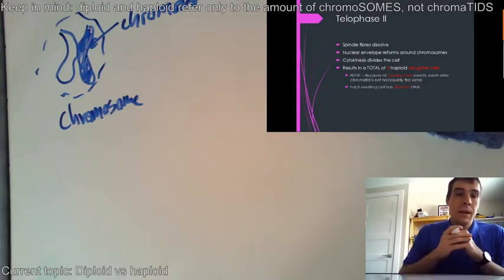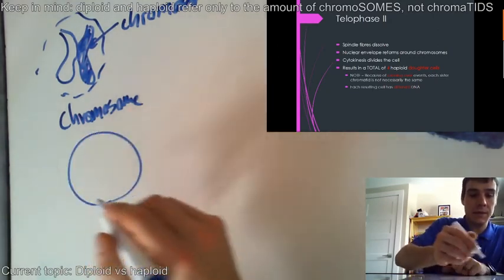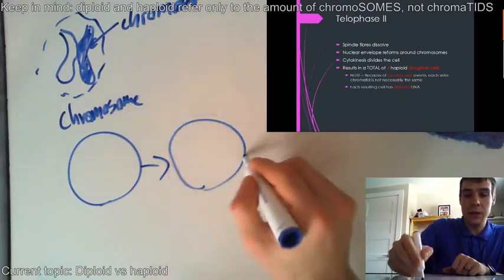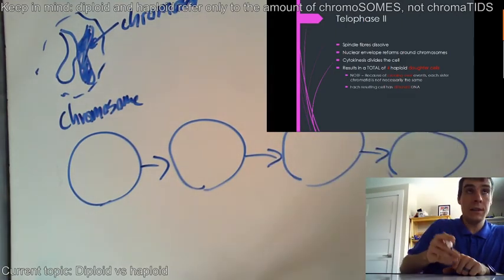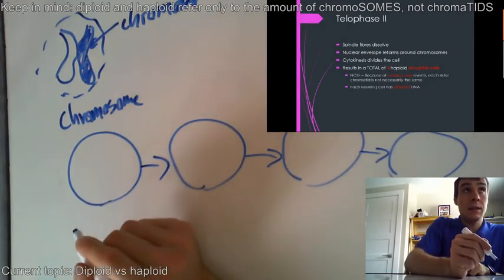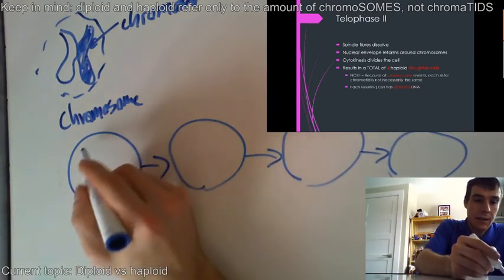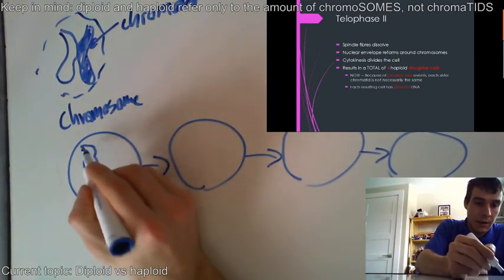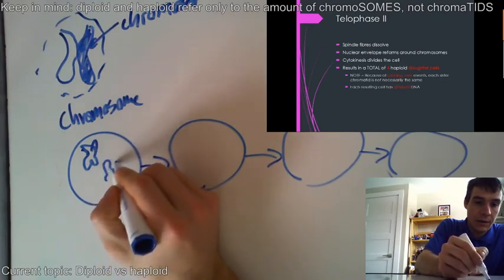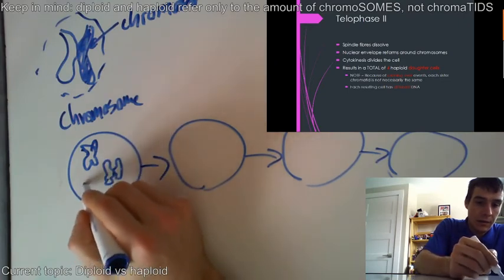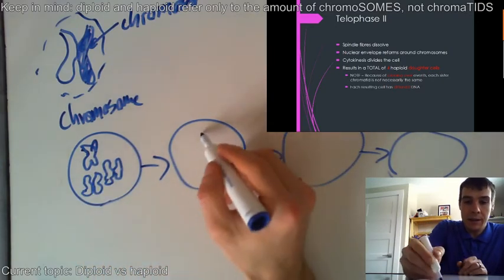So normally you've got 46 of those, and in meiosis 1, what you'll see in the first stage of meiosis, is that at the start you have your chromatids floating around because they've been duplicated. Then they'll line up in the middle.